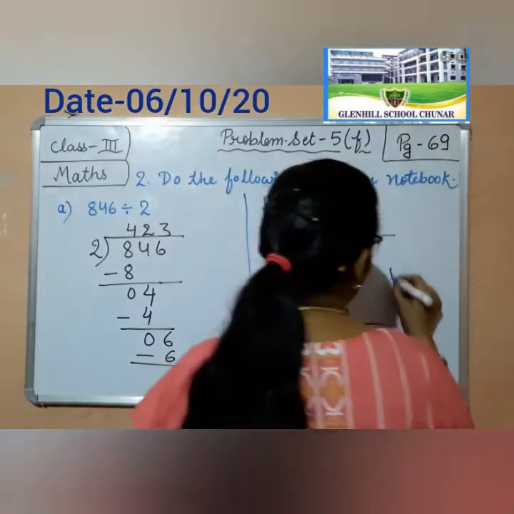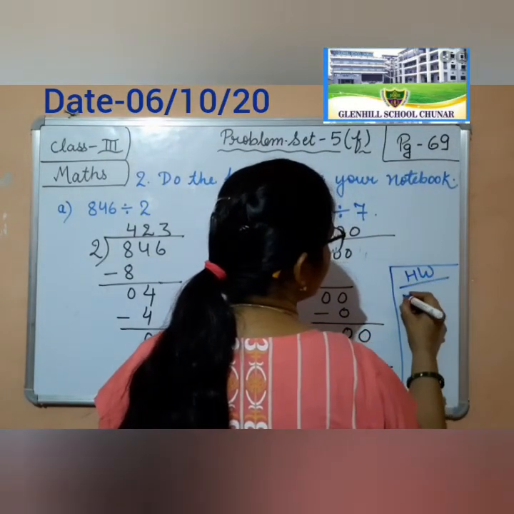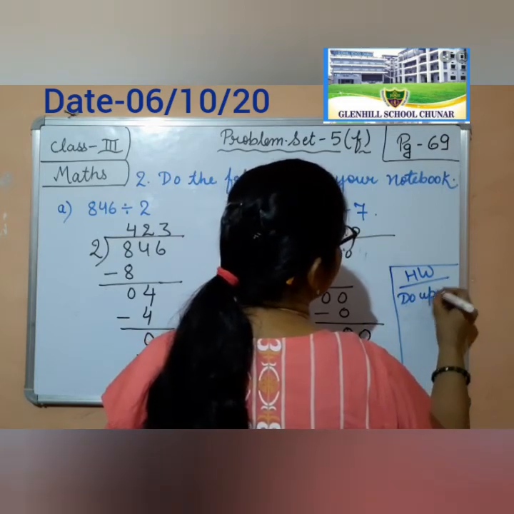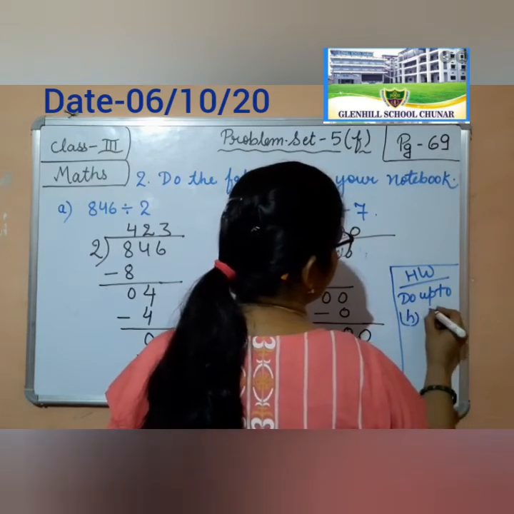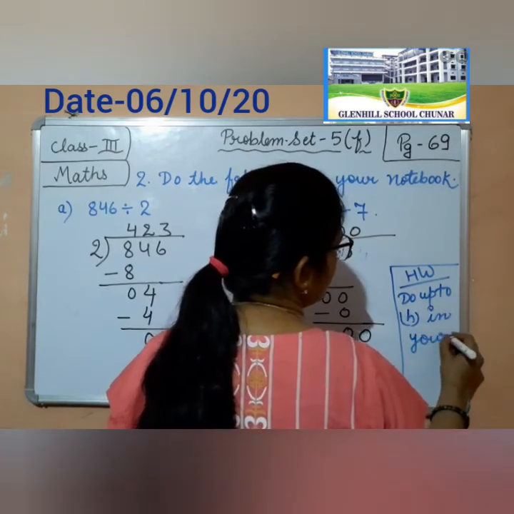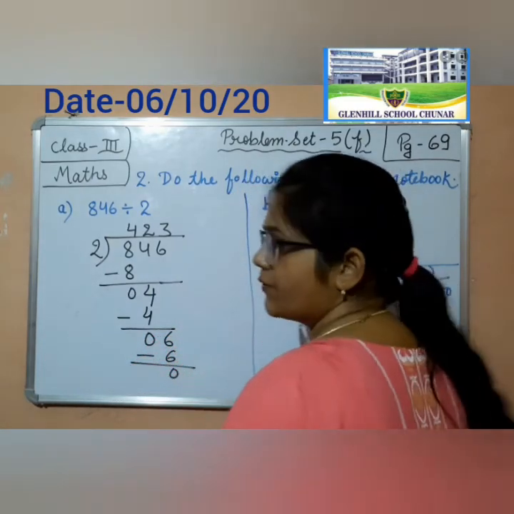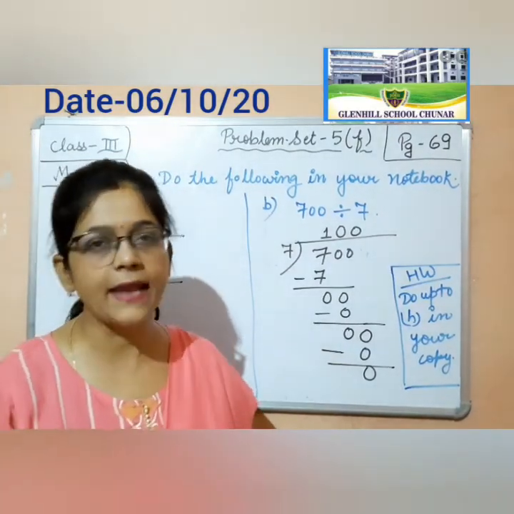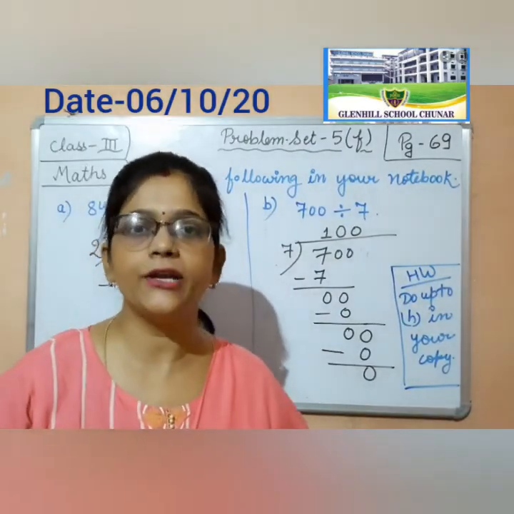So your homework, okay, do up to H in your copy. Okay, it is the homework for you. Up to H you have to do by your own self. Okay, and it is very easy. Once you will understand, then you can do by your own only.